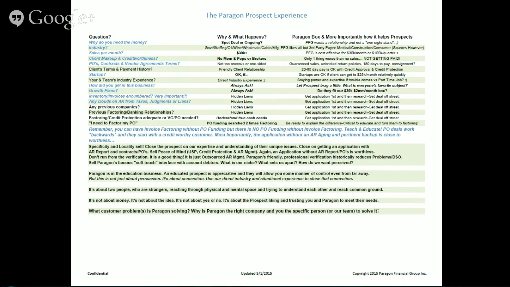And that is, you'll see Paragon PFG, Paragon Financial Group short. We like all but third-party payee, medical and construction and consumer. However, we have sources, just like you. We generate 300 leads a month, let's say, from our website, from our broker network, which we appreciate, from bank turndowns, but probably 75% of that 300 does not fit our box.